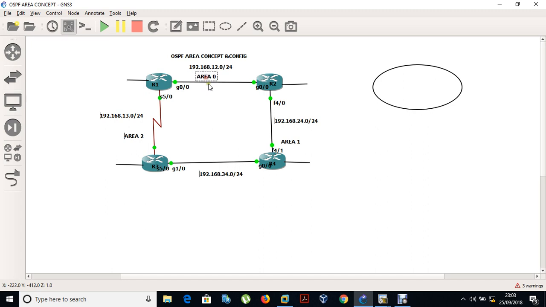Hierarchically in OSPF, every area must connect physically to area 0. So area 0 is called the backbone.